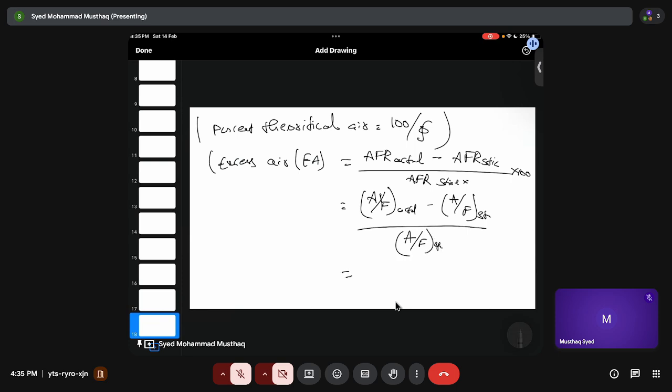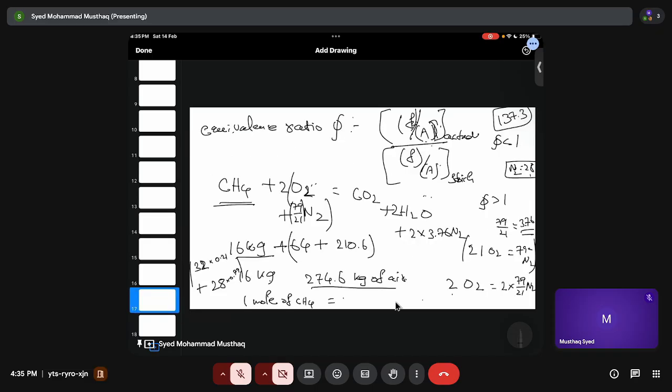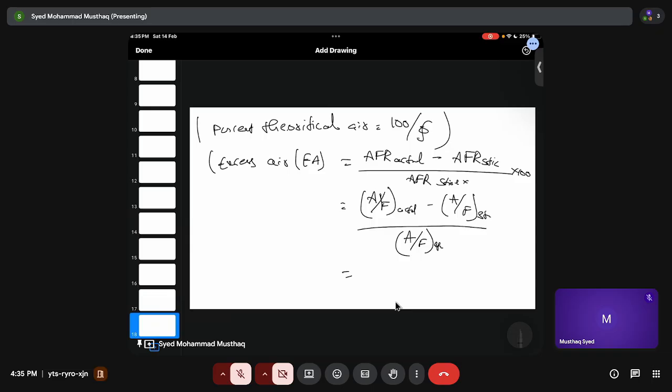Now let's say I am adding more air. If I am adding more air, then what happens?